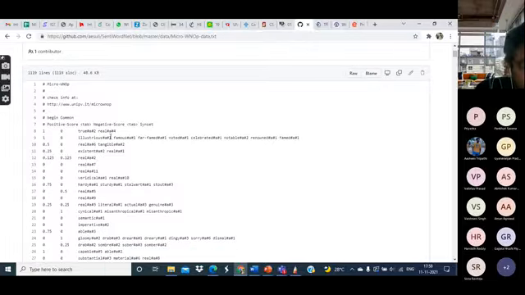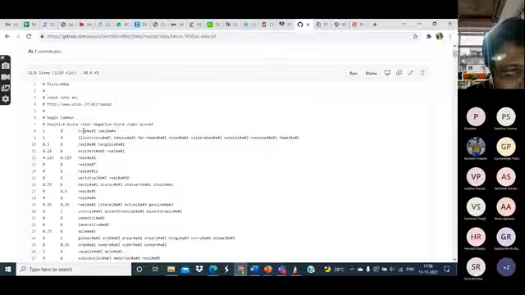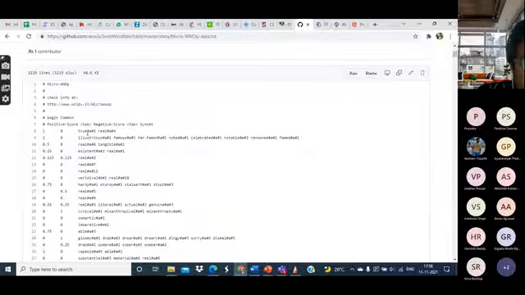So if you look here, every synset is assigned a number which is its positive score and another number which is its negative score. If you consider the word "true", in this case it's a synset. True has positive score 1, negative score 0. It means true is considered a very positive word.